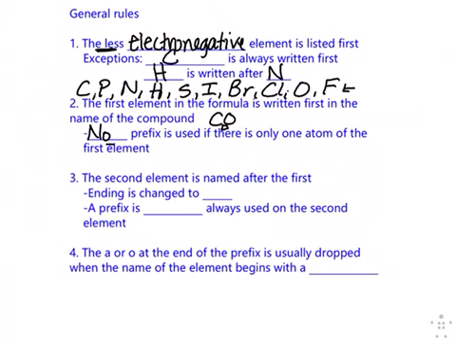To follow this rule, we would just simply write carbon. We don't put a prefix since it's one. If it were two, then you would put a prefix. Then our second element, there is only one since there is no subscript written. So we will write the prefix monoxide. Does that make sense? Okay.